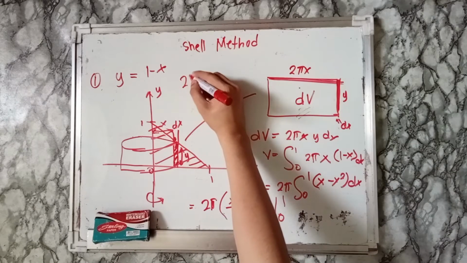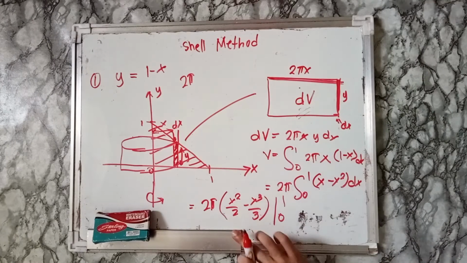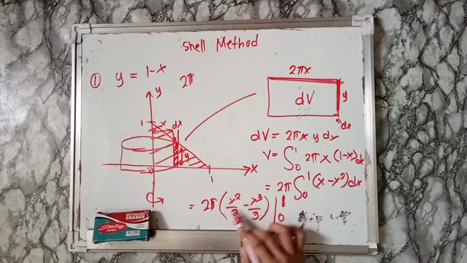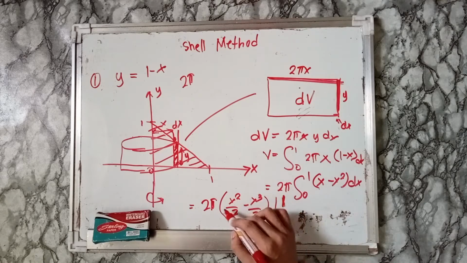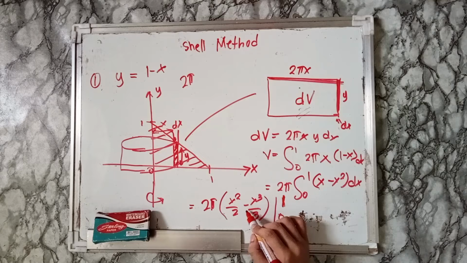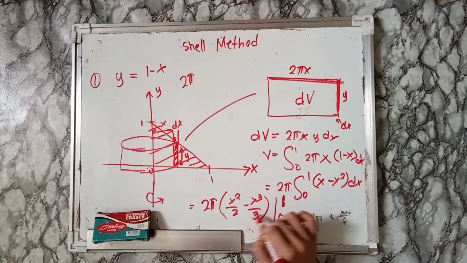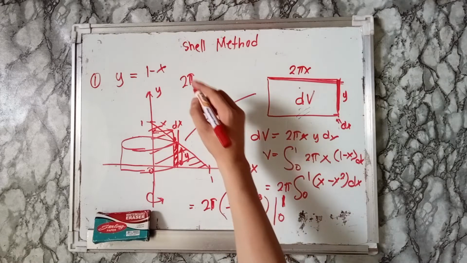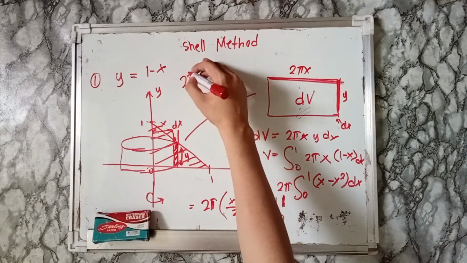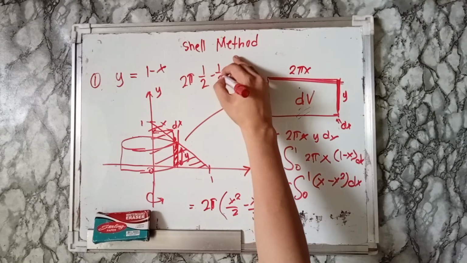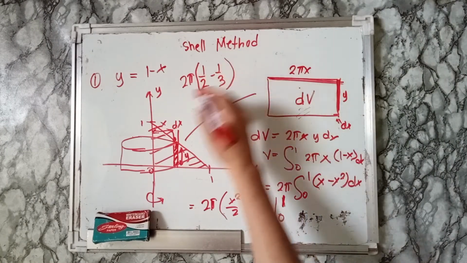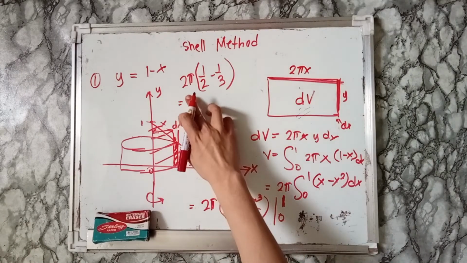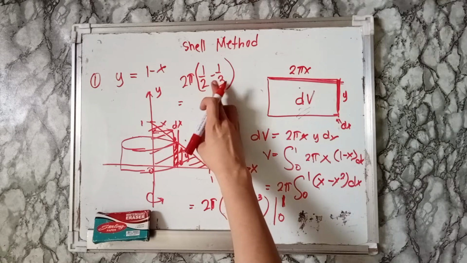So the answer now is 2 pi. If we put the limits, this is just 1 squared over 2 minus 1 cubed over 3. And if we put the lower limit, this is just going to be 0. So this is just 2 pi times 1/2 minus 1/3, right? And of course this is just 1 over 6, right?